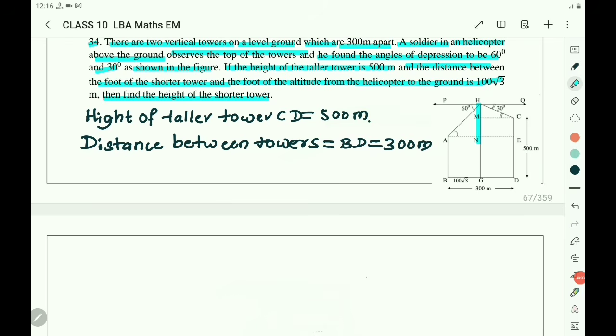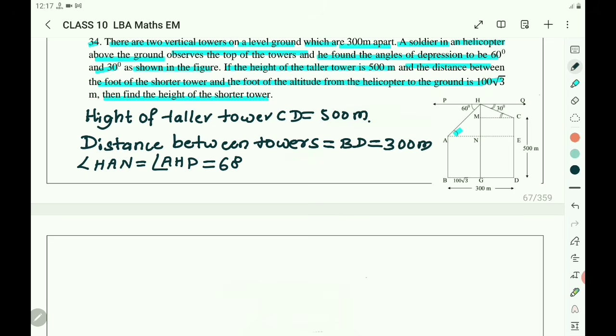To find HN, we need this angle. These two angles are alternate angles, so they have the same measurement. Then you note down angle HAN equals angle PHA or AHP, both are equal to 60 degree.